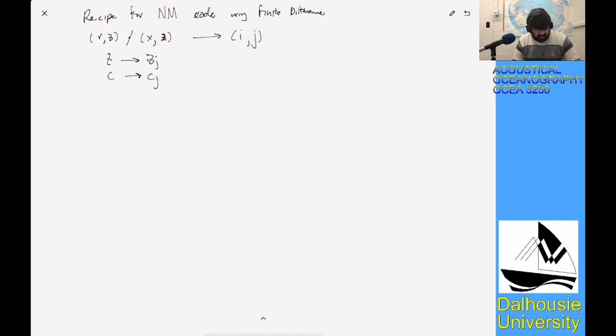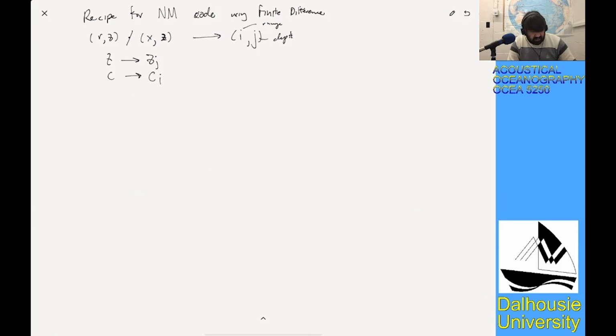And for density, let me go back. So depth, of course, defines our grid everywhere, right? And let's just say this is going to be our range, i, and j is our depth. So we've defined our depth everywhere, and now we want to define our sound speed everywhere in range and depth.